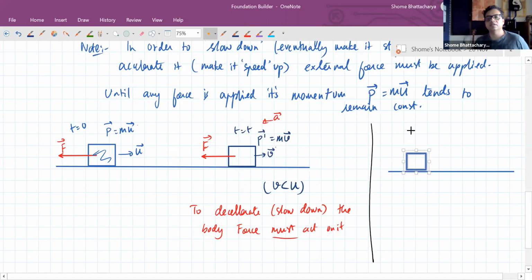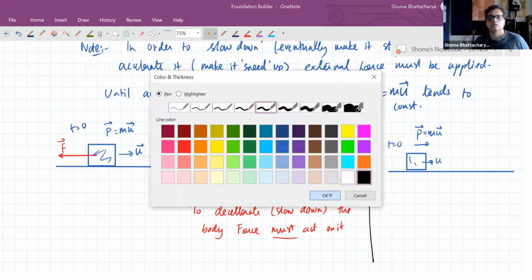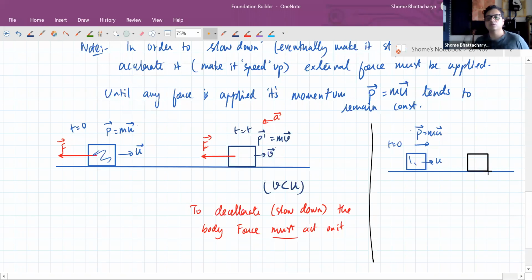So initially our momentum was mu, but after some time the velocity is increased in magnitude, so the body is undergoing accelerated motion. Now the velocity vector is longer. So the new momentum is mv at some time t, where the magnitude of v should be greater than the magnitude of u. So we want to accelerate.